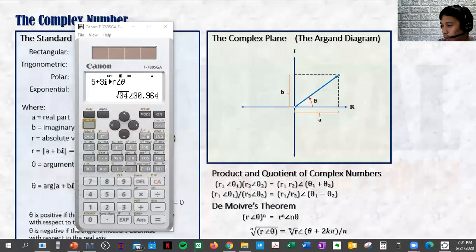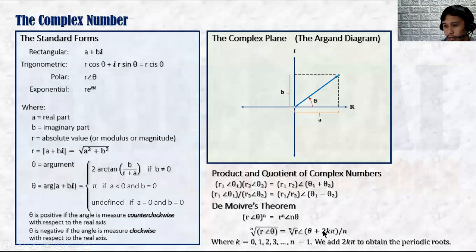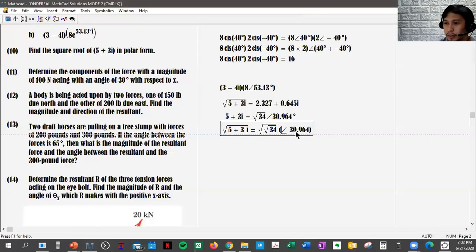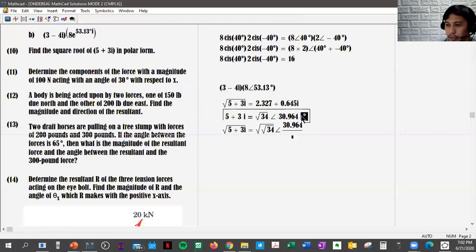If we are to go back sa slide, that will become theta plus 2k pi over n. Okay, and n is 2. So, mangyayari dyan, this will become angle of theta plus 2k pi.